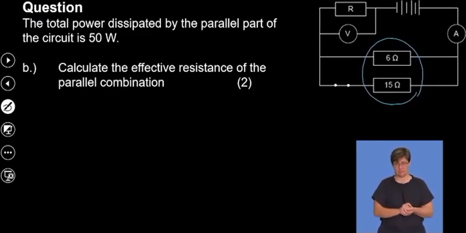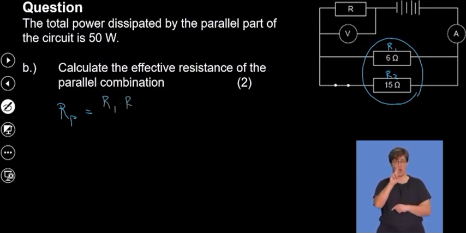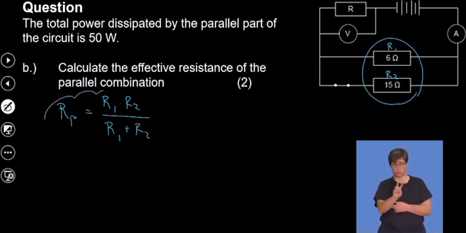So R parallel is equal to the product, let's call this R1 and this one R2, 15 ohms, and then we would have R1 multiplied by R2 divided by R1 plus R2. So this is actually applicable when only two resistors are connected in parallel.